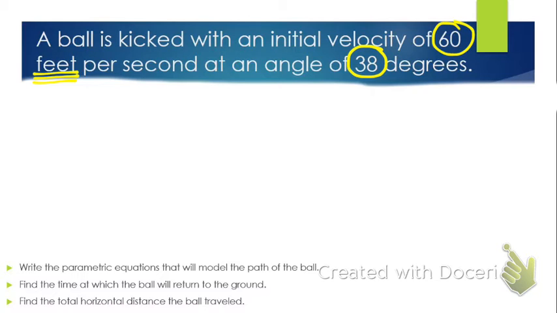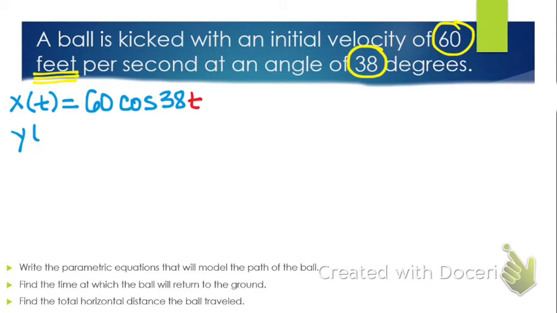So x of t equals, so we're just substituting in our variables. So it says v sub 0, which is 60, cosine of our angle, which is 38, t. That's my first equation. For my second equation, we have negative 0.5.